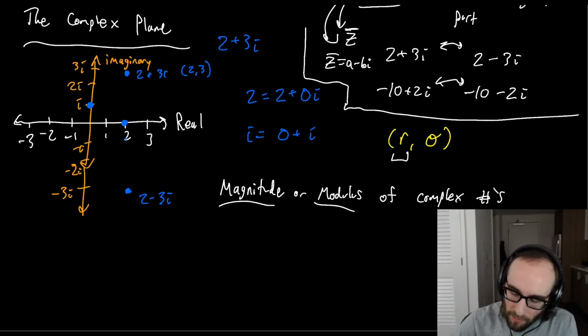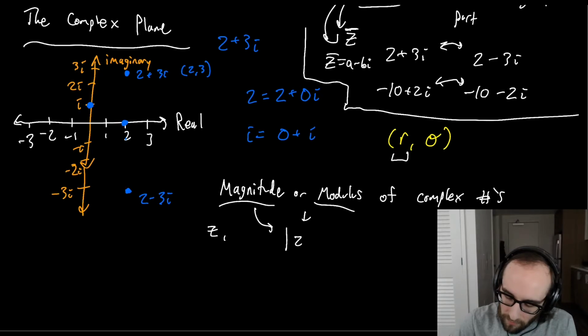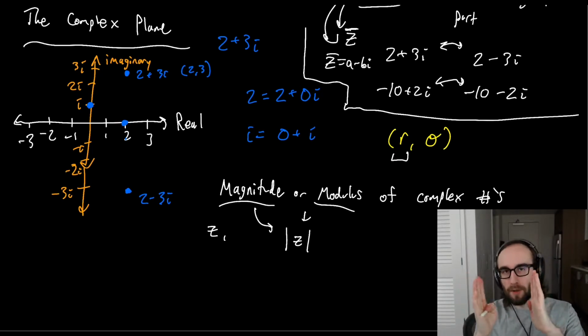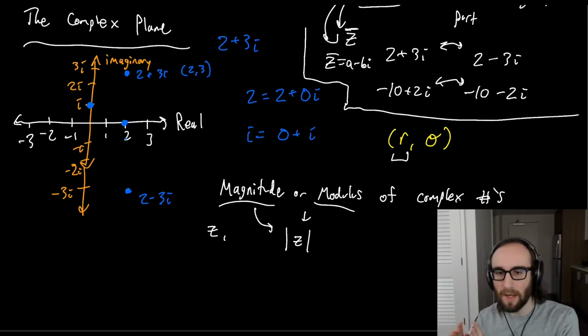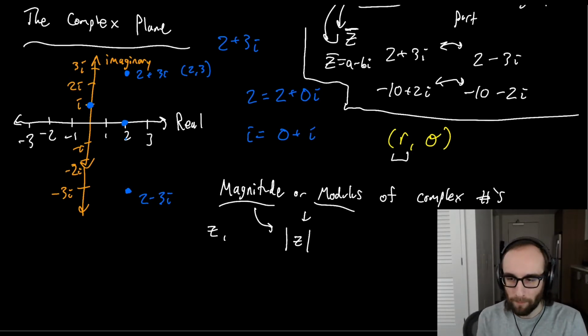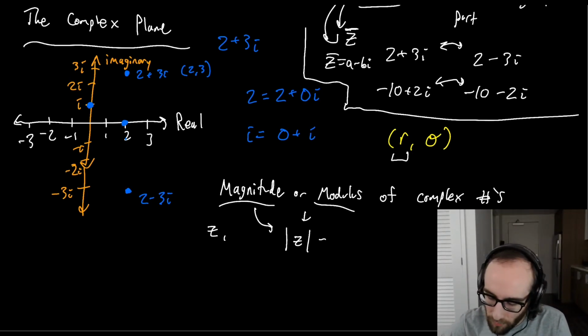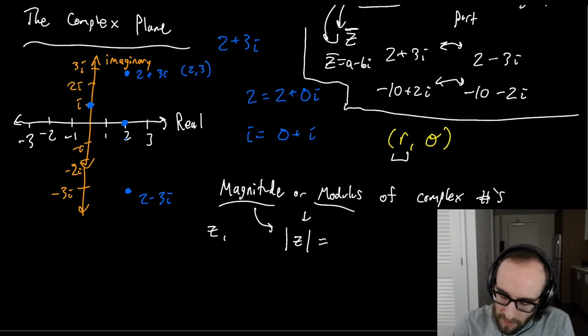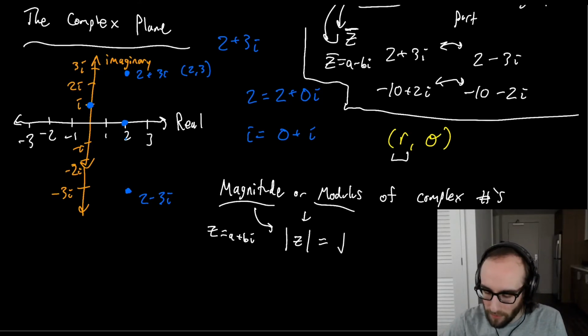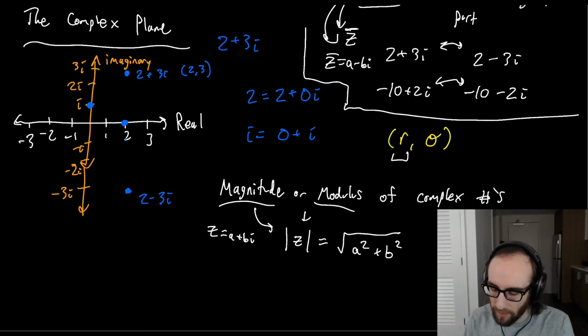If we have a complex number z, the magnitude or modulus is expressed as absolute value bars, or vertical bars, of z. So it's written in that form. And if z is equal to a plus bi, this is going to be equal to the square root of a squared plus b squared.